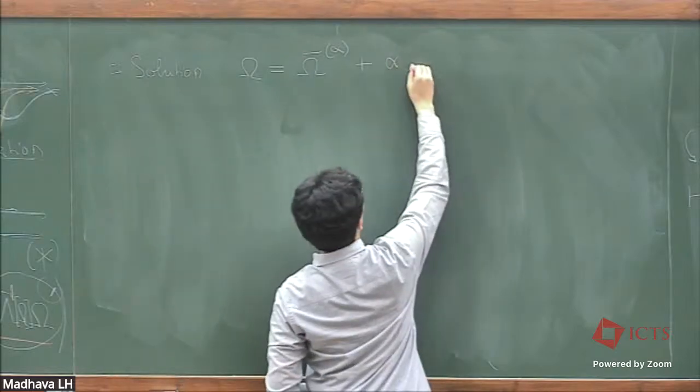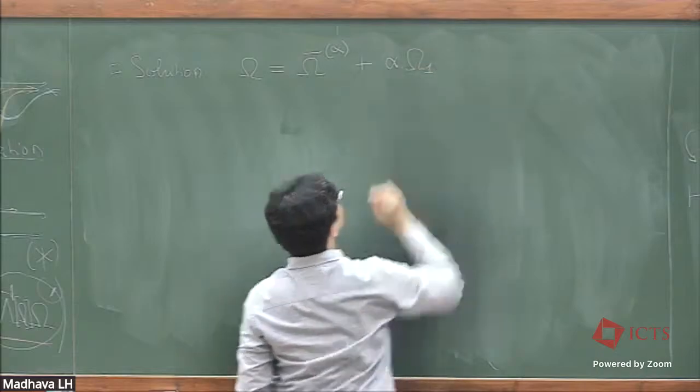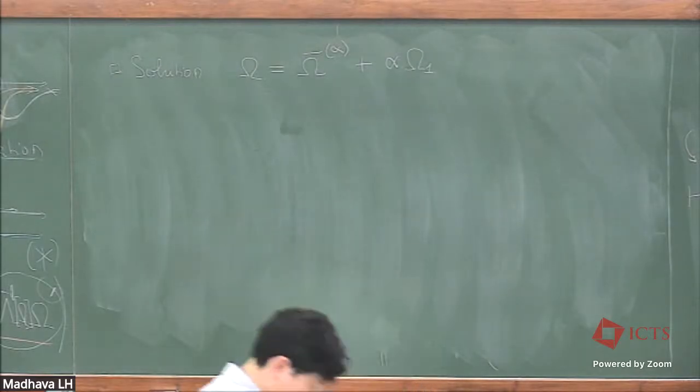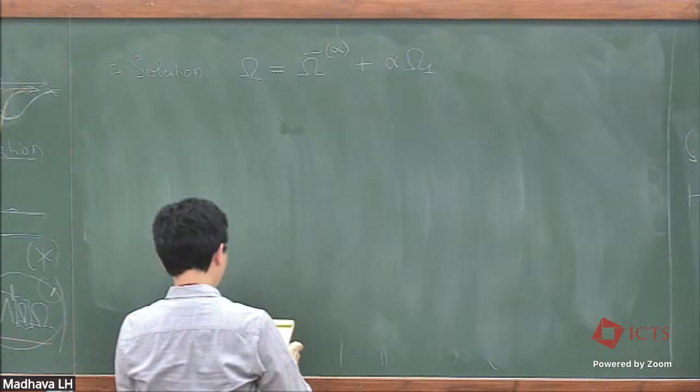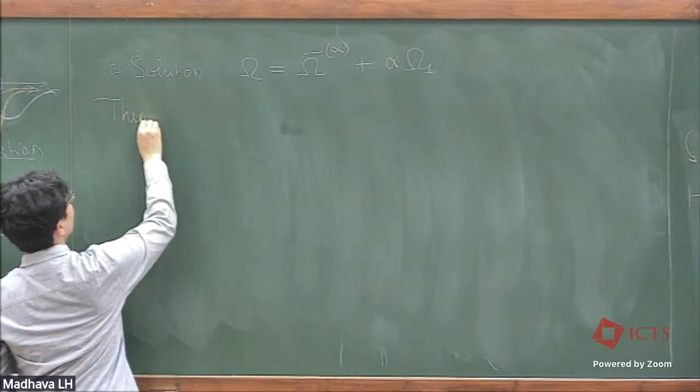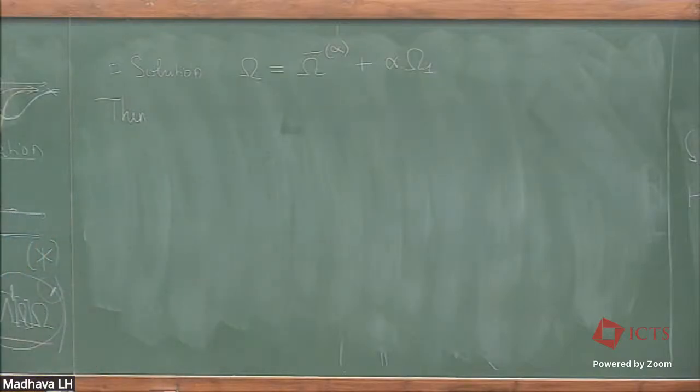Okay, say omega 1, for alpha small. And let's derive the equation for omega 1. I derived it this morning. So this is the solution ansatz for our actual equation.